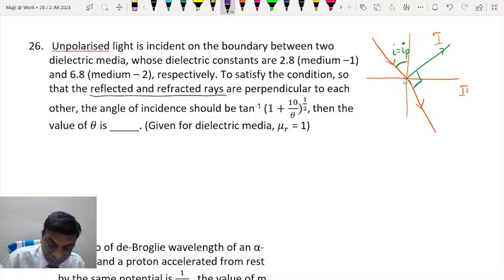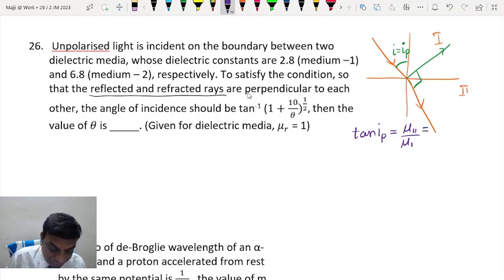All right, this is a direct consequence of Brewster's law, by the way. And we all know that tan of the polarizing angle should be equal to the refractive index of the second medium with respect to the first.